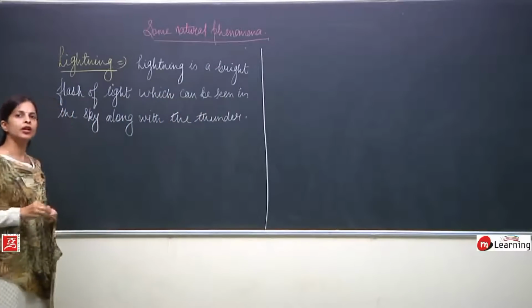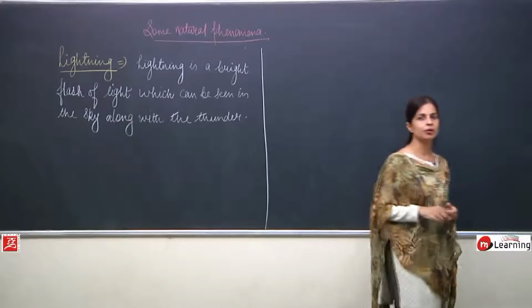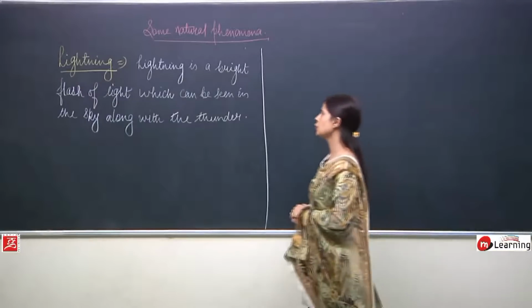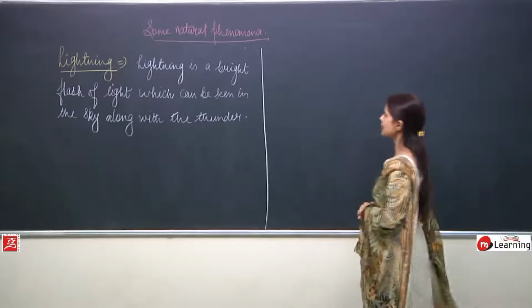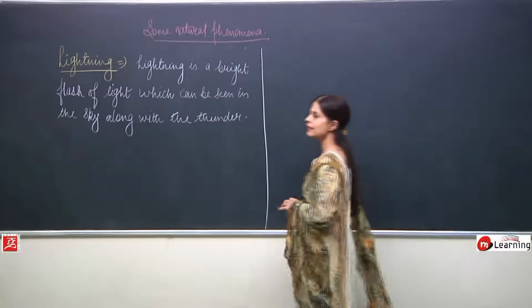We are talking about the definition of lightning, children. Lightning is a bright flash of light which can be seen in the sky along with the thunder, that means along with the loud noise.